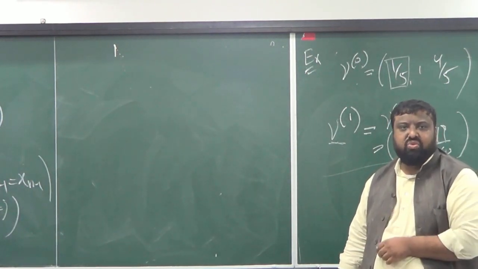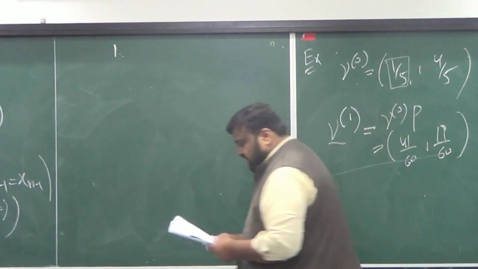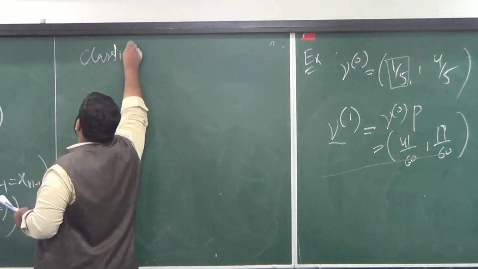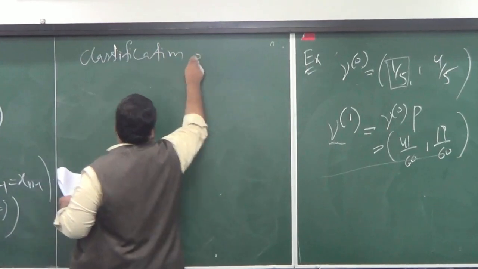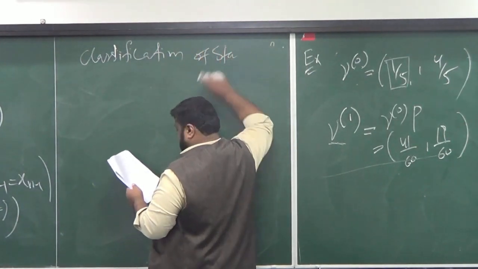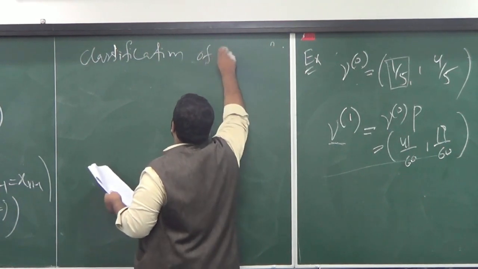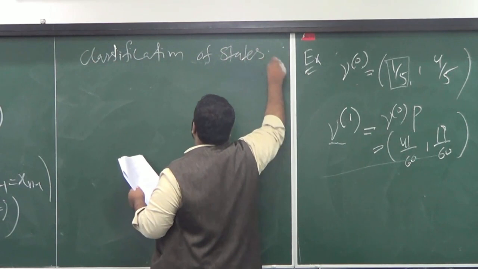Now what we want to do is classify these states. Let's do the classification of these states. Okay? The thing is, for classification, and explain the role. Classification of states.